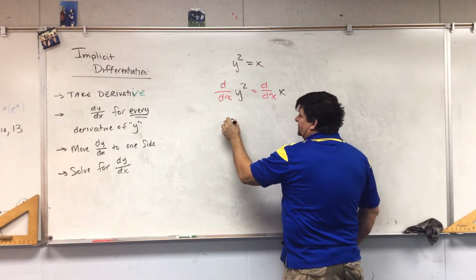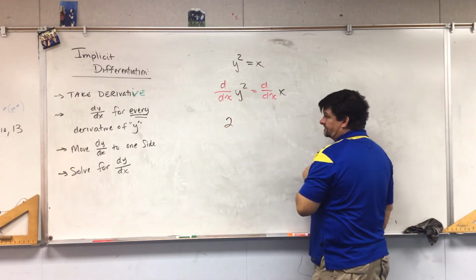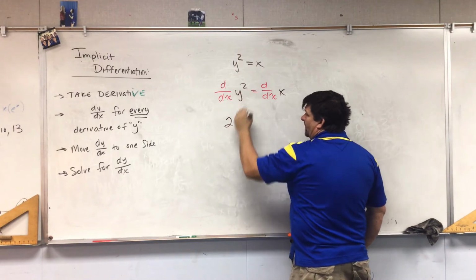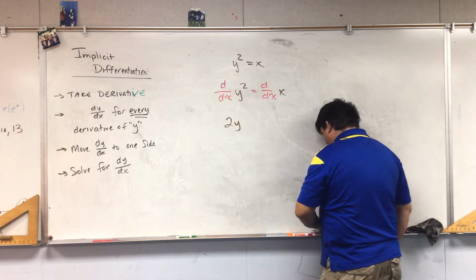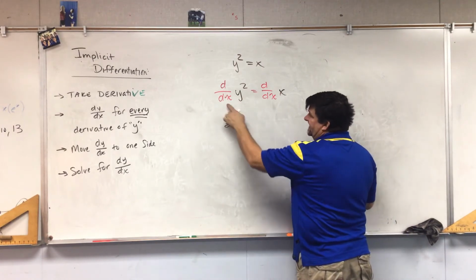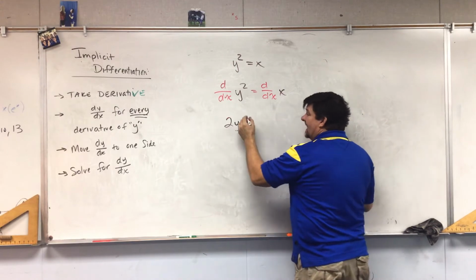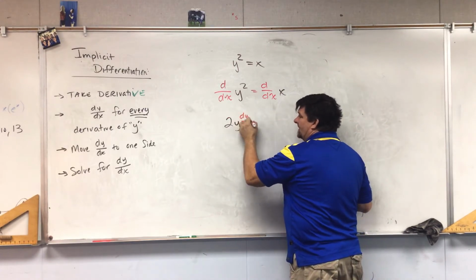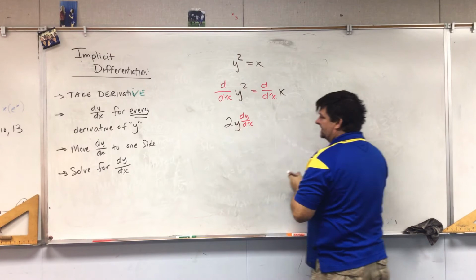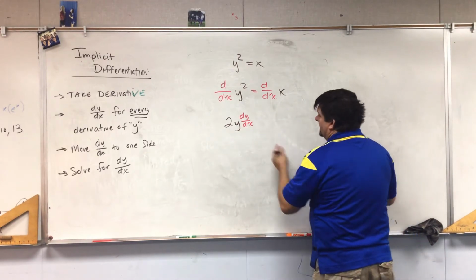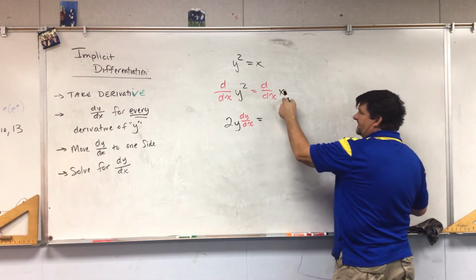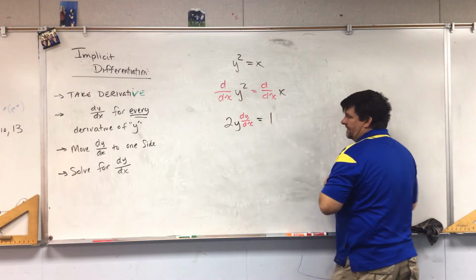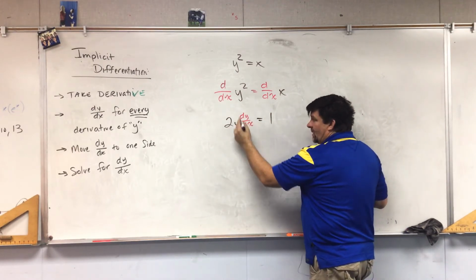I get 2y, and then I need to make sure that when I take the derivative of y squared, I get dy dx. Okay? Now I'm going to take the derivative of x, which is just 1. So I'm left with this dy dx.